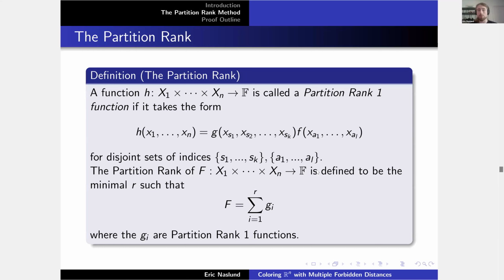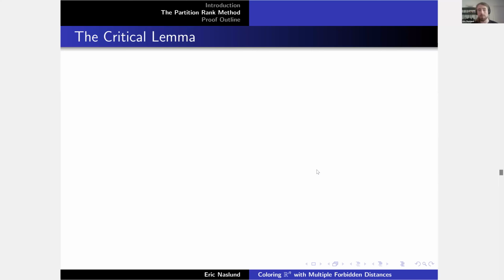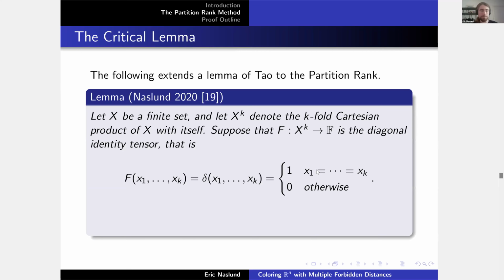And the result is that there are some functions that have full slice rank, the highest slice rank you can have, which is the size of the smallest of the index sets, and functions that have partition rank 1. We'll see an example later. The most important thing about slice rank and partition rank is that the diagonal tensor has full rank.